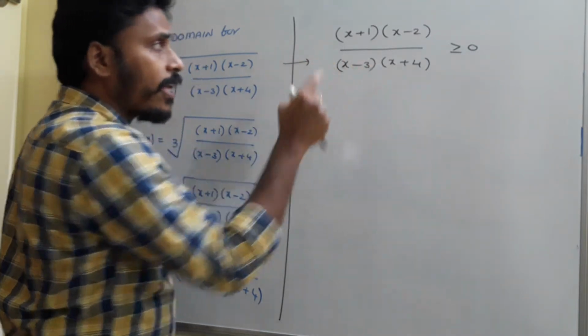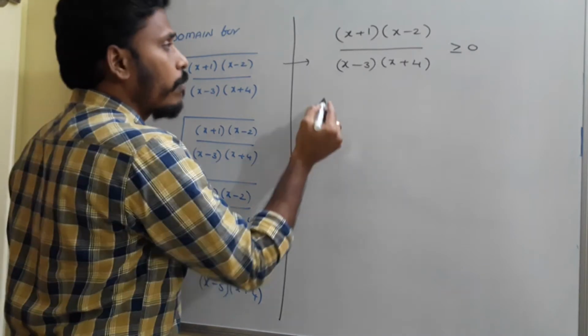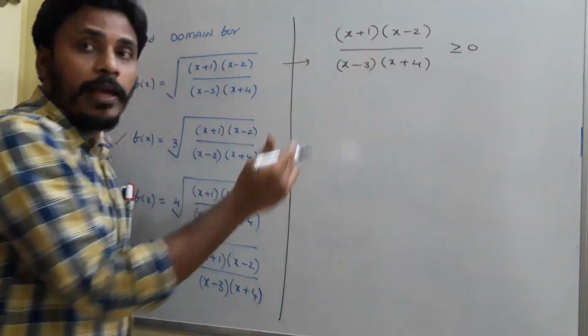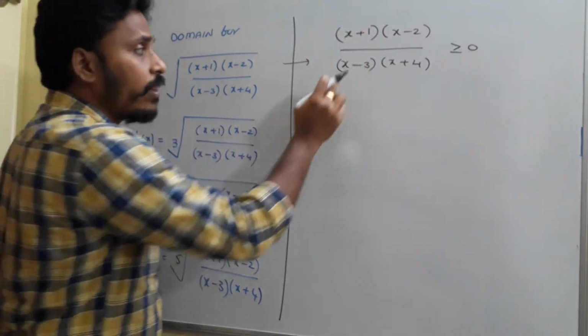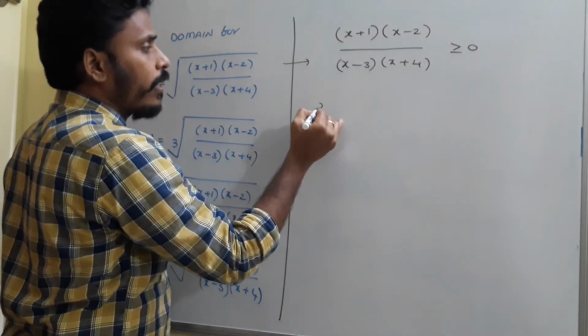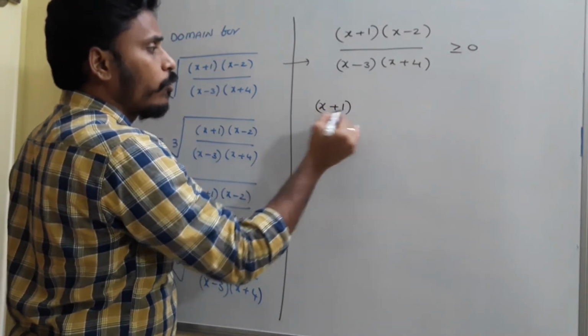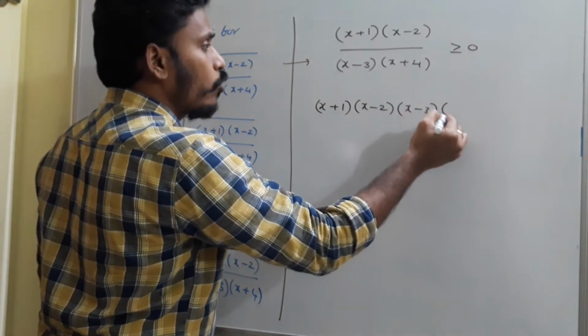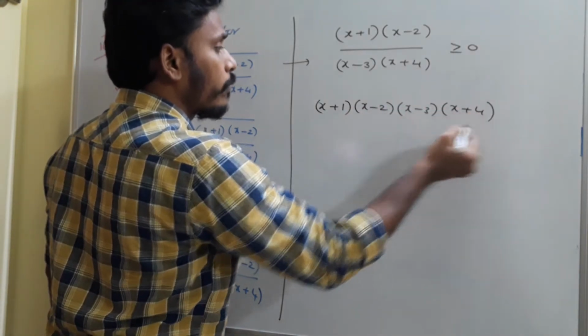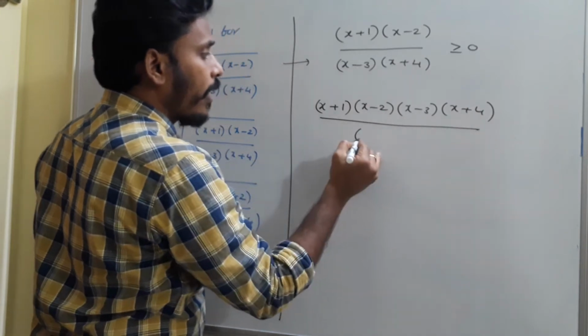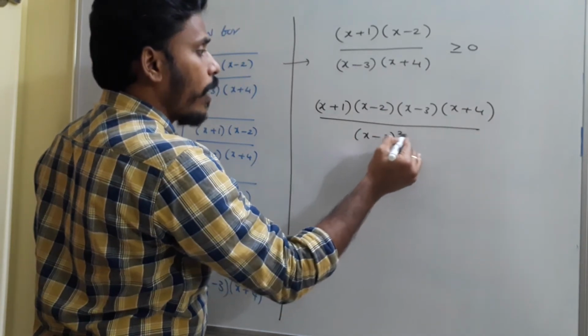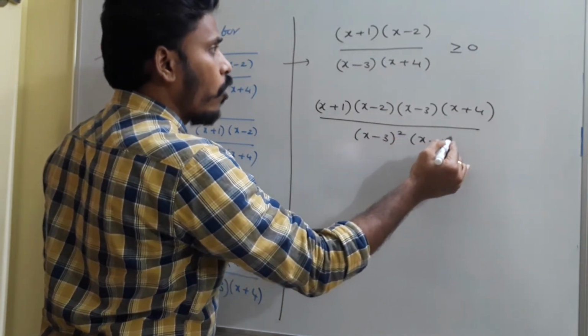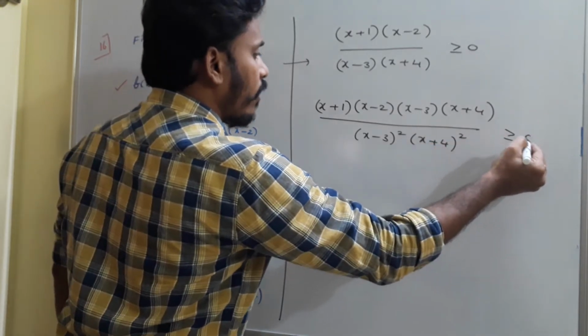To make it positive, as we discussed for many problems, you multiply both numerator and denominator by the same denominator. That means (x plus 1)(x minus 2)(x minus 3)(x plus 4) divided by (x minus 3) whole square into (x plus 4) whole square is greater than or equal to 0.